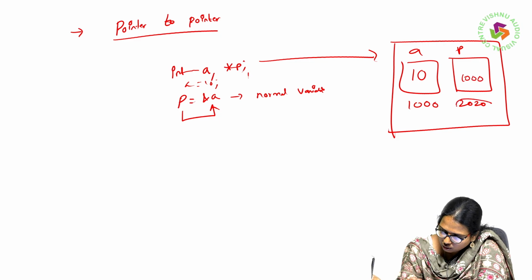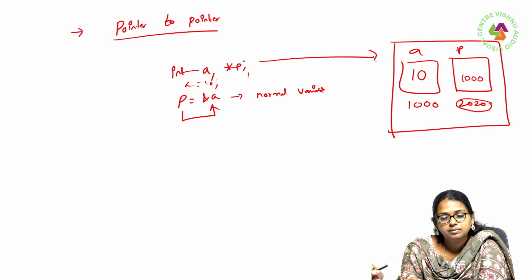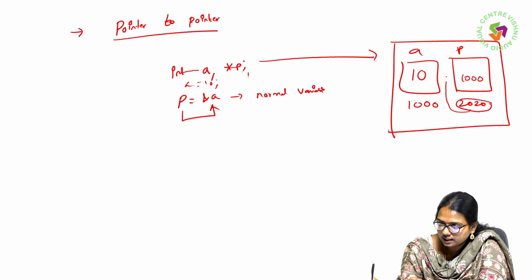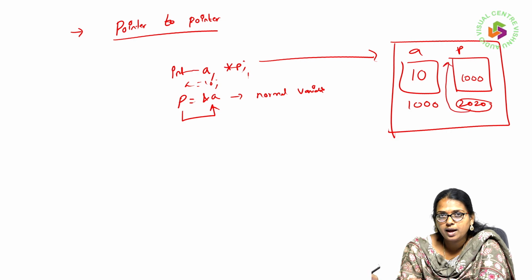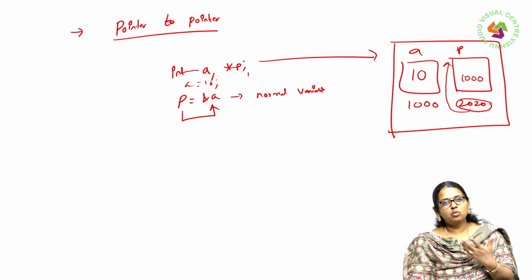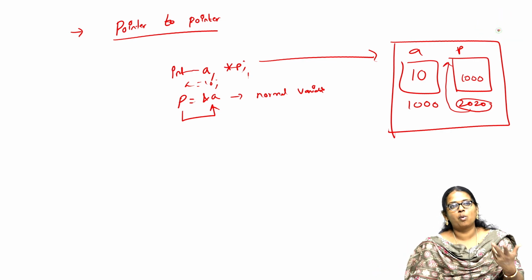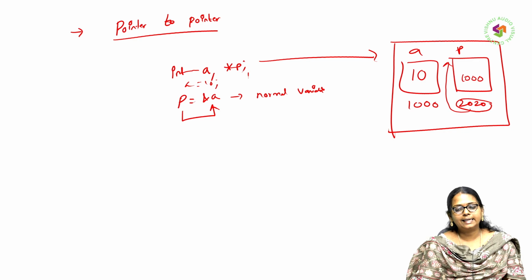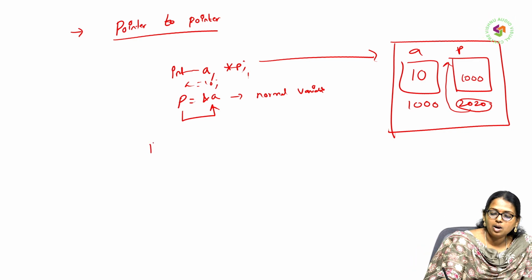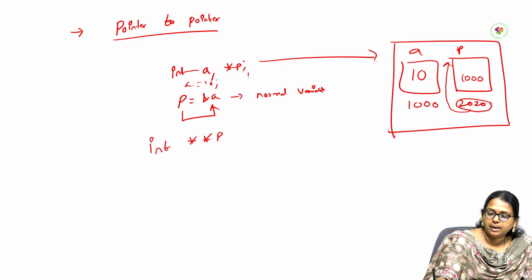Now can I store 2020? Here 2020 is nothing but the address of a pointer. If you want to store the address of a pointer variable, we should declare a pointer as a double pointer, say P1.